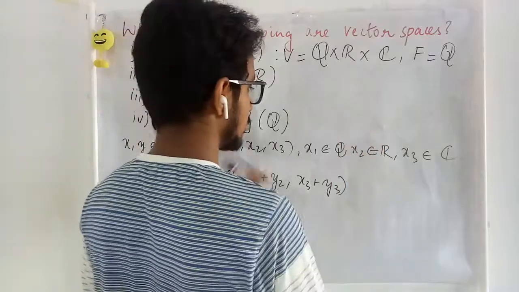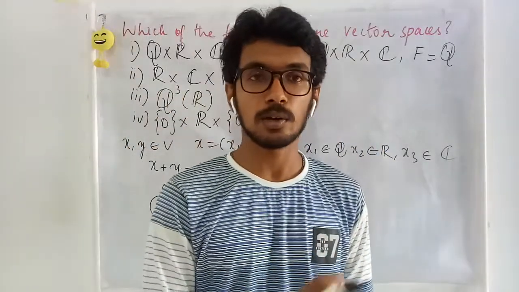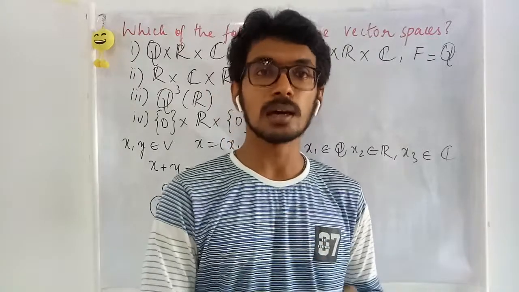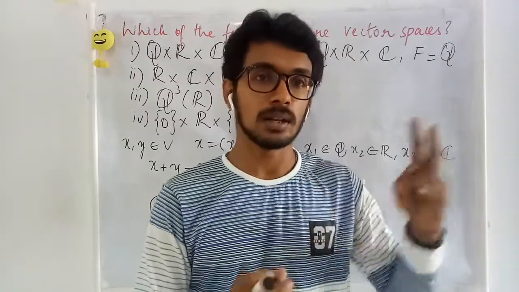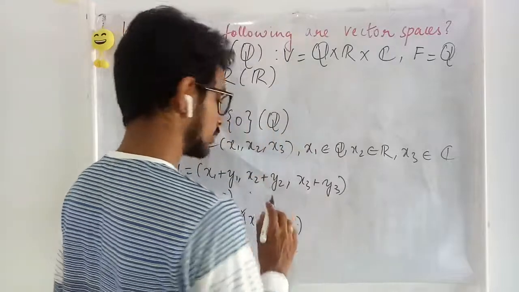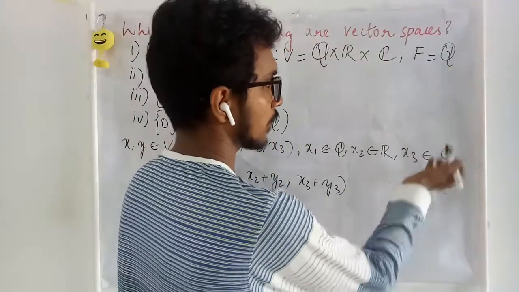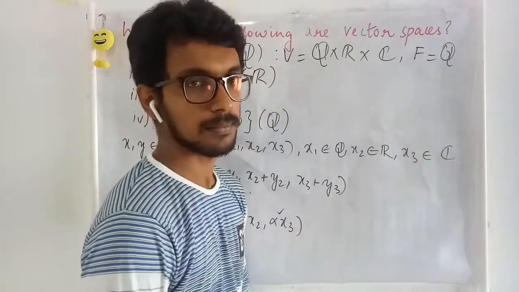When we multiply a rational quantity with a real quantity, we are not guaranteed to get back a rational quantity, but we are guaranteed to get a real quantity. And the quantity will not be more than real, that is, it cannot go to complex. So this is also valid. And when you multiply a complex quantity with a rational quantity, you are going to get back a complex quantity.